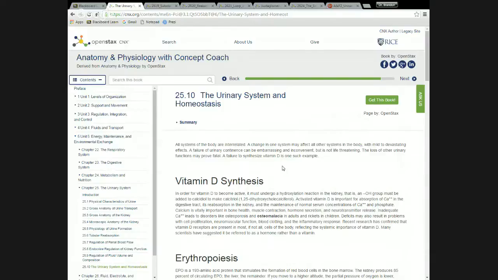There might be a little bit added to, and actually I showed you the picture for renin-angiotensin. It's in this section, but I'm not going to ask you anything about vitamin D synthesis or erythropoiesis here. Erythropoiesis we covered in the blood chapter. Vitamin D technically was covered in the skin chapter, although I don't really stress it there either.